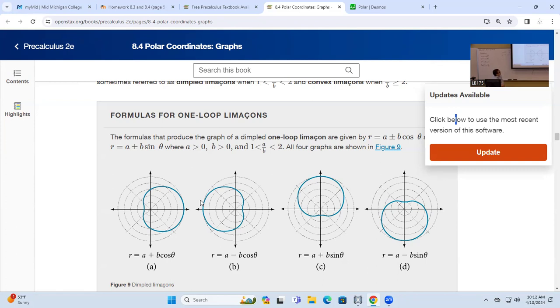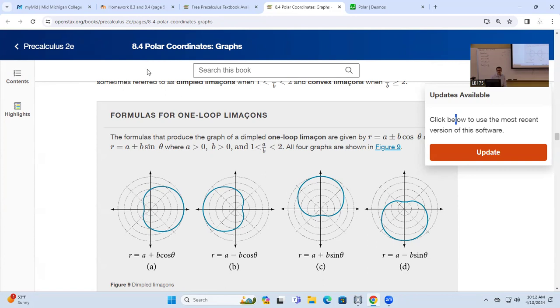If we have a and b which are different, then it kind of matters which one is bigger. If the constant, the a here, is bigger in absolute value than the b, then we're not going to have an inner loop. We're going to have an indentation.